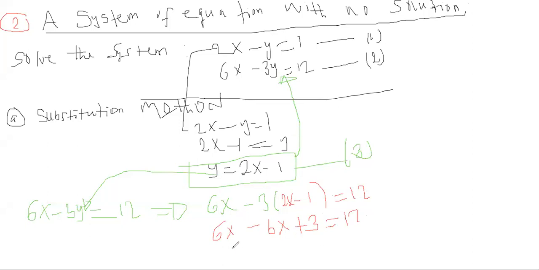So remember, we can collect the like terms. 6x and 6x, they are like terms. 12 and 3, they are like terms because they are constants. So 6x minus 6x, that will give us what? 0. So then we will have 12, this will come here, it will be minus 3. So at the end of the day, we'll have 0 equals 9.